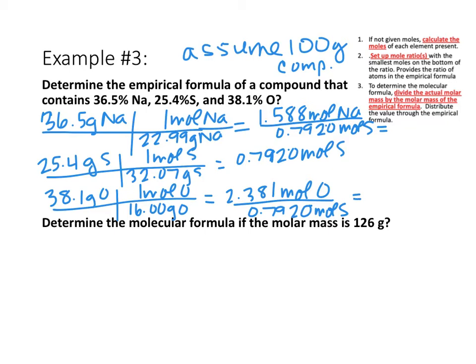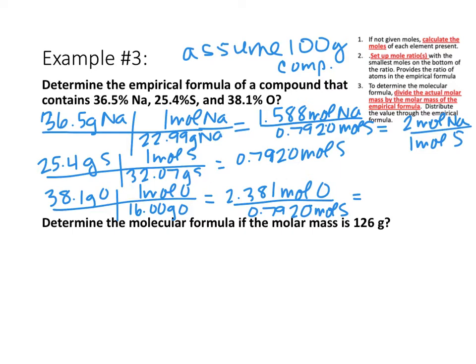So if I take 1.588 divided by 0.7920, I'm looking at moles of sodium to moles of sulfur, and I get a 2-to-1 ratio, so 2 moles of sodium to 1 mole of sulfur. And hopefully you realize that it's super important to put your substances, because if you just put 2 moles over 1 mole, you may mistakenly put more sulfur than sodium. So again, those good habits make the problems a little bit easier to reason through.